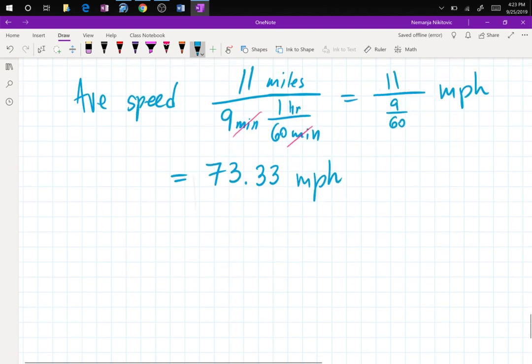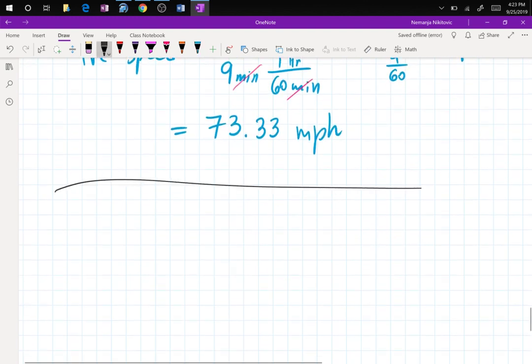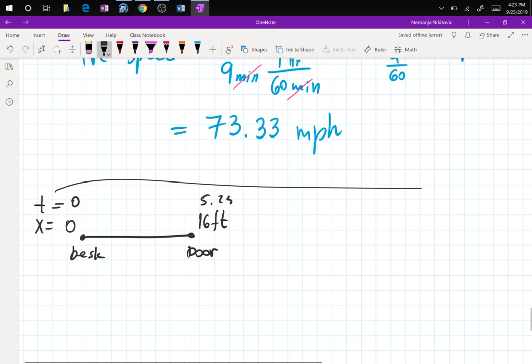So for me to go from desk to the door, we are covering 0 to 16 feet in distance, so we can call that x, and time started at 0 and ended at 5.25 seconds. And I can now calculate the average speed for me to get there.